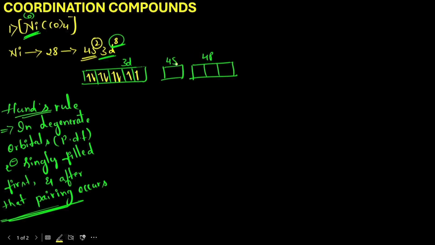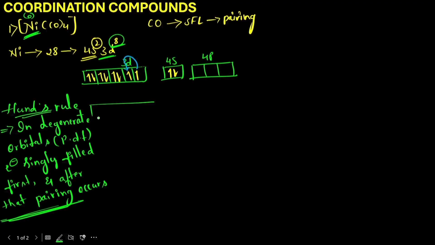Two electrons, 1, 2. Here we have the CO ligand, which is a strong field ligand, so in this case pairing occurs. Therefore, this unpaired electron is paired with this unpaired electron.